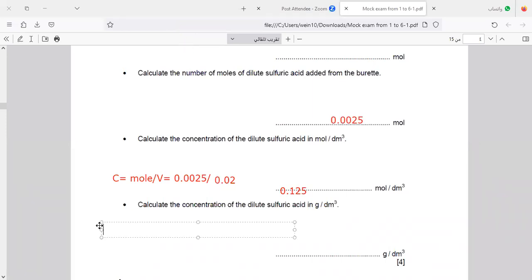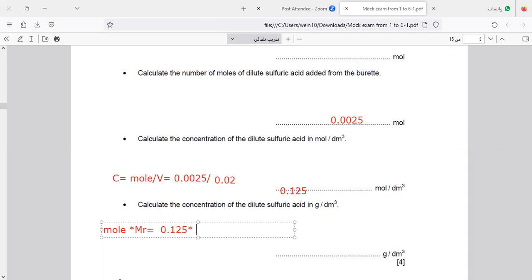If you remember, if you need to convert mole into gram, I need mass. So mass equals mole multiplied by MR of the acid. Mole of the acid is already here, 0.125 multiplied by MR for H2SO4.